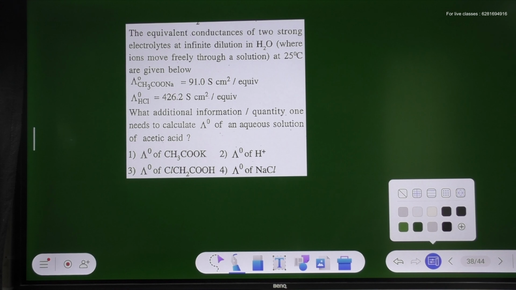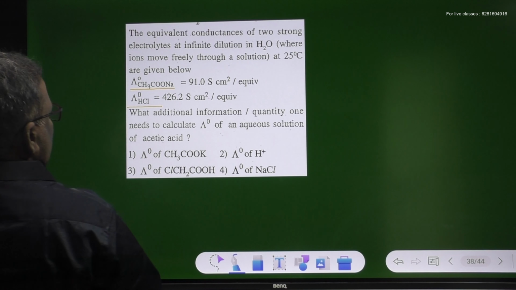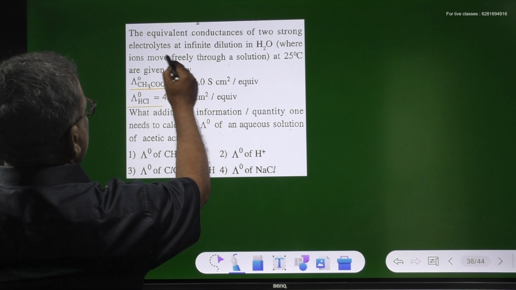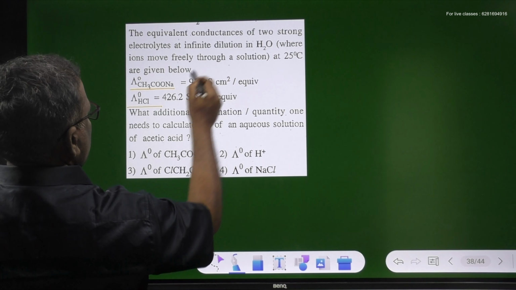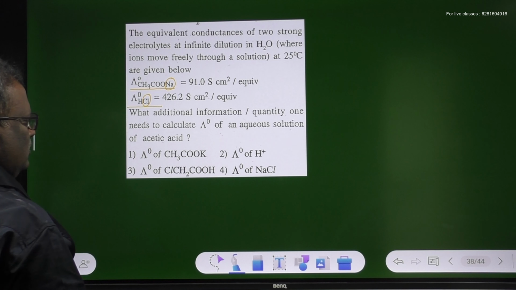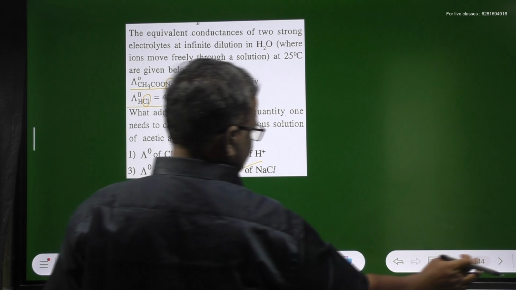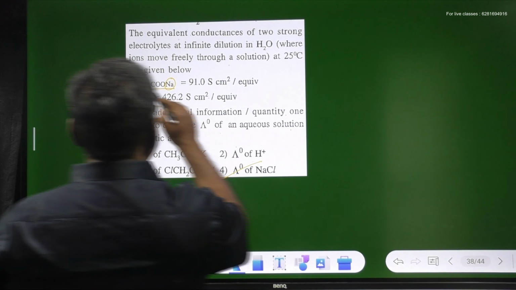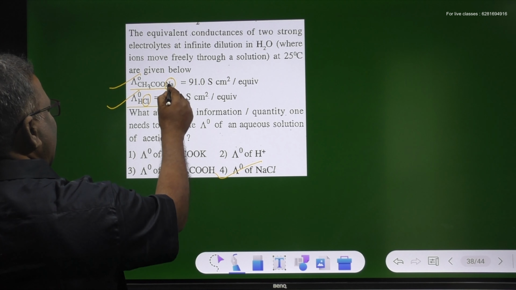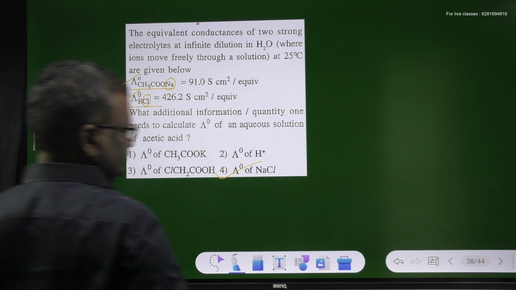The same question. Here two electrolytes were given, so we require another one which does not belong to these two. Because this is a strong electrolyte, we require another strong electrolyte which has these two ions, cation and anion, Na and Cl, that is NaCl.